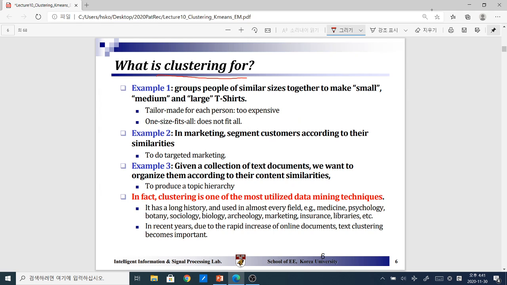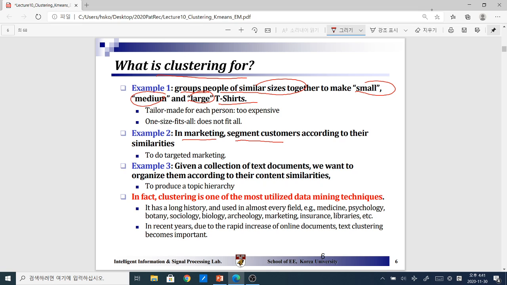There are many different uses for clustering, but essentially it is to group samples into clusters so that they can be better organized. For example, we can group people of similar size together to make, say, small, medium, or large t-shirts. This is also good in marketing applications.